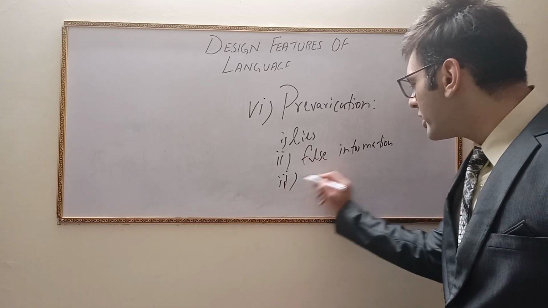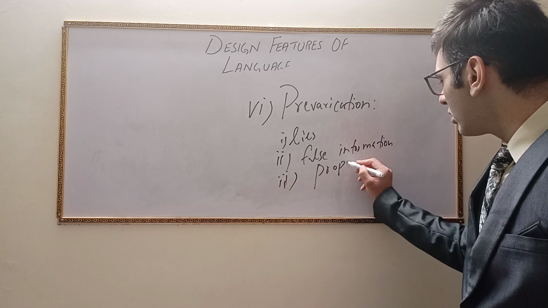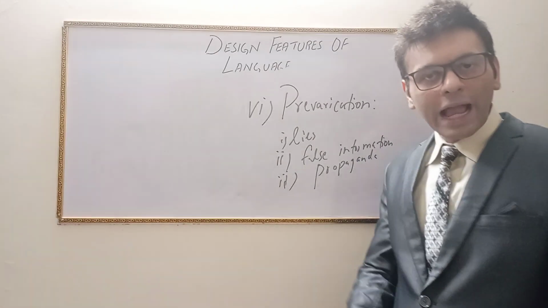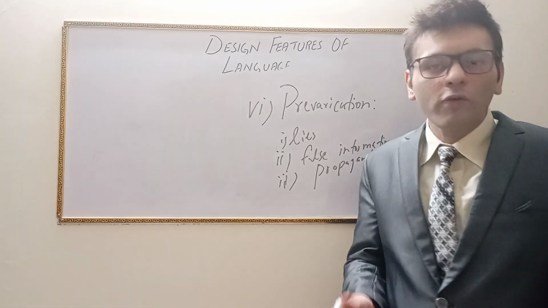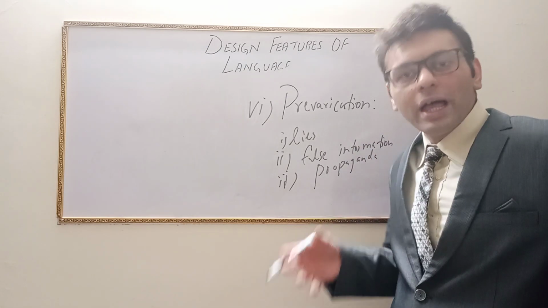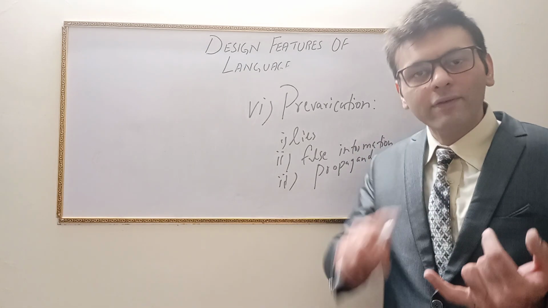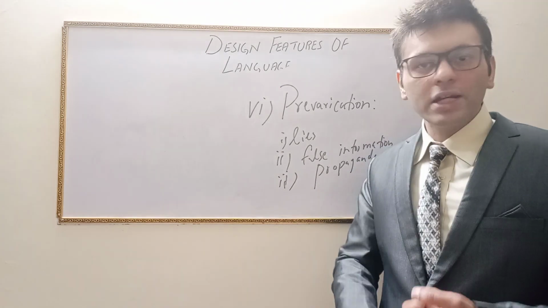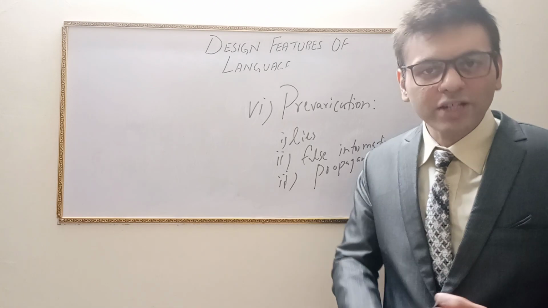It can also be used for propaganda. Language is so flexible that with the help of it you can come up with truth or lies. You can do anything with the language.